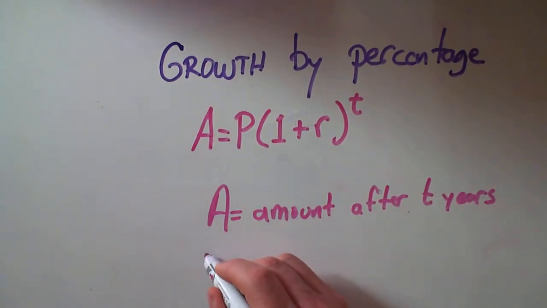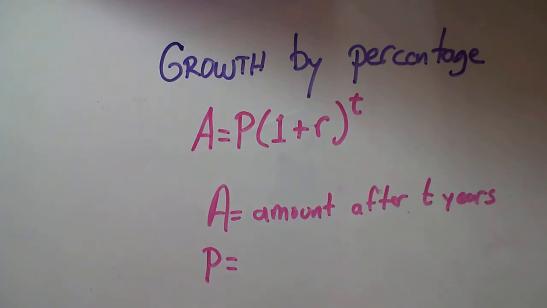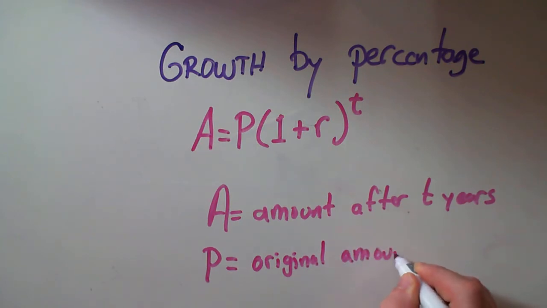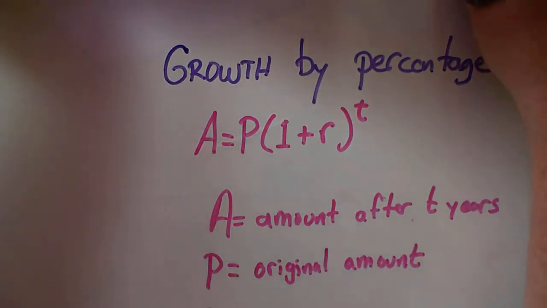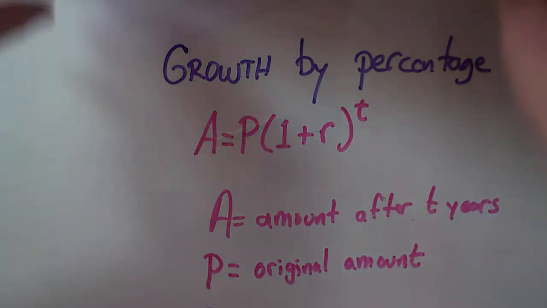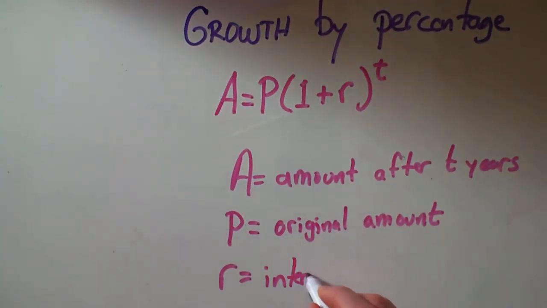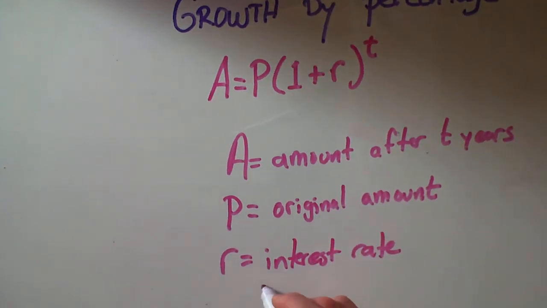P, which stands for principal, is the original amount. R is our interest rate, and T is time.